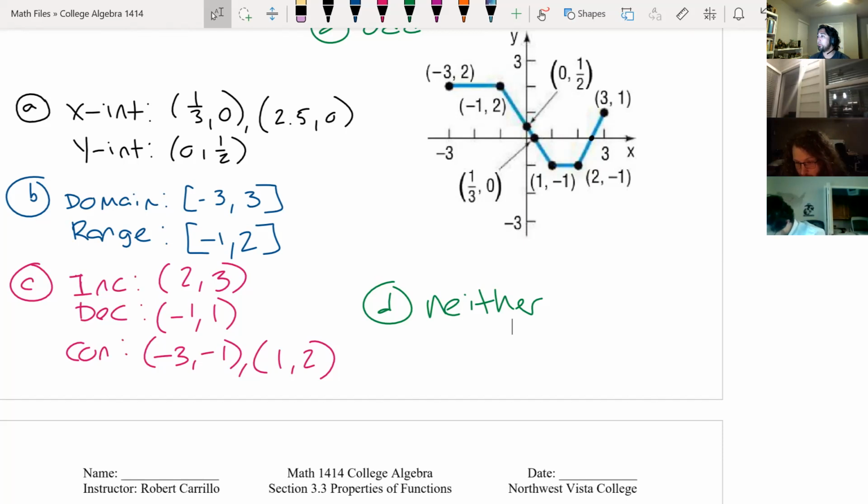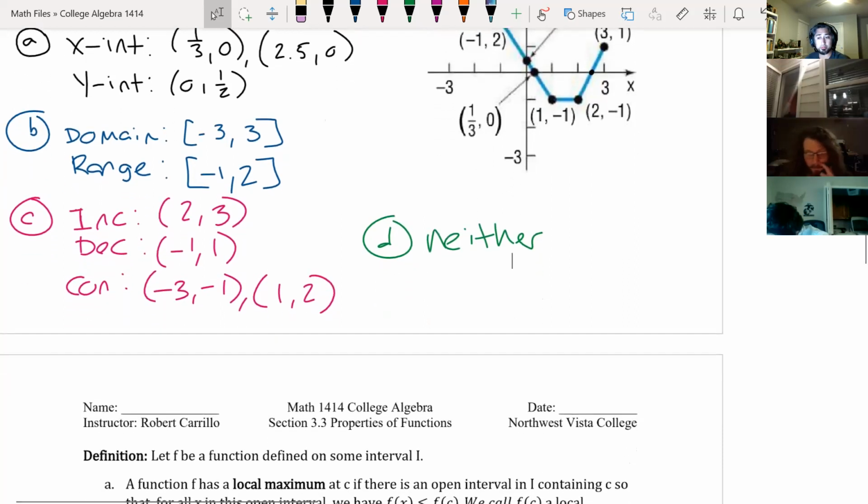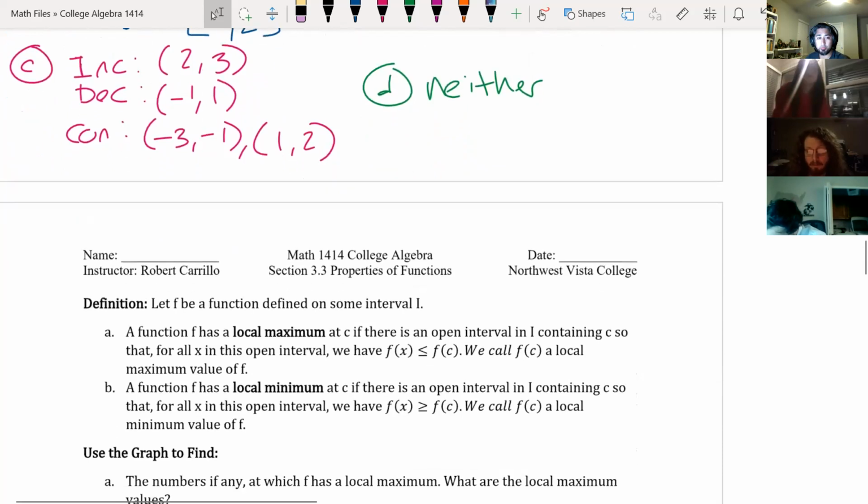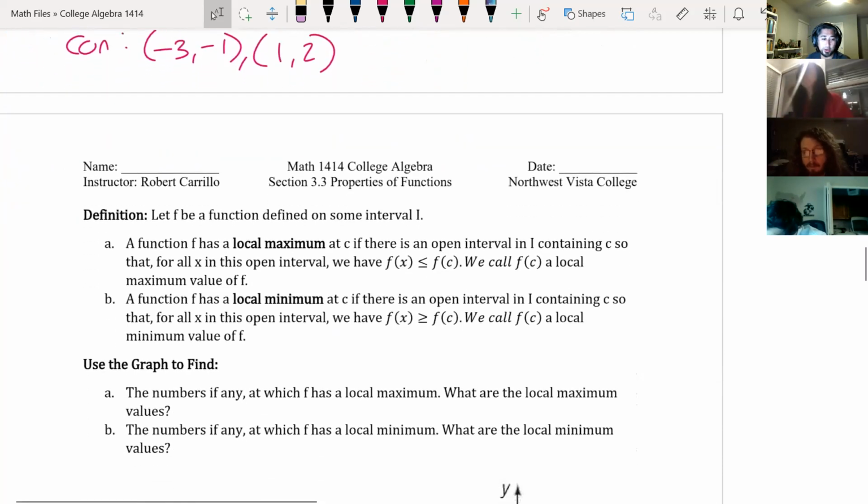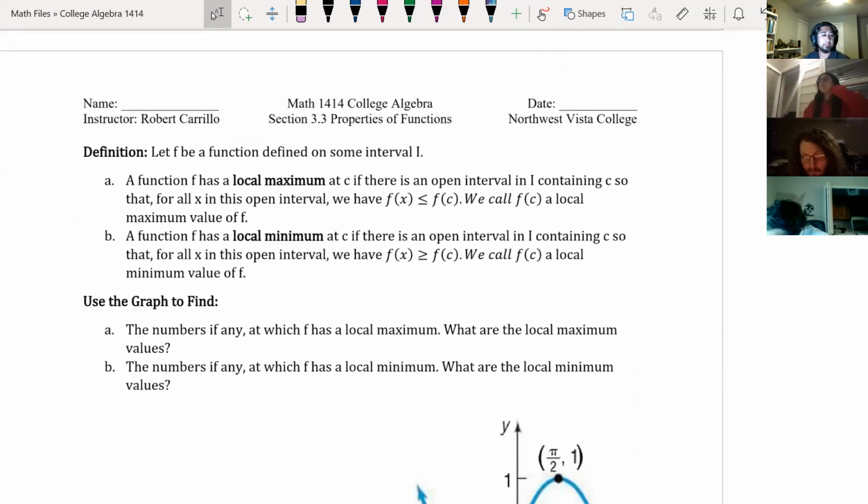Yeah. One yes. Perfect. All right. Let's keep moving then. Yes. All right. Coming in.